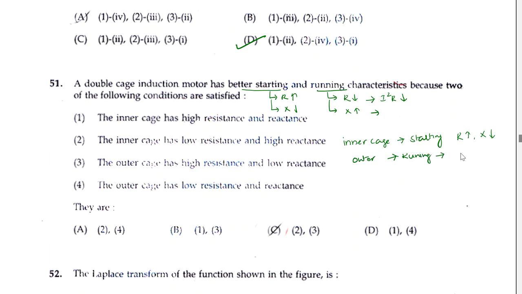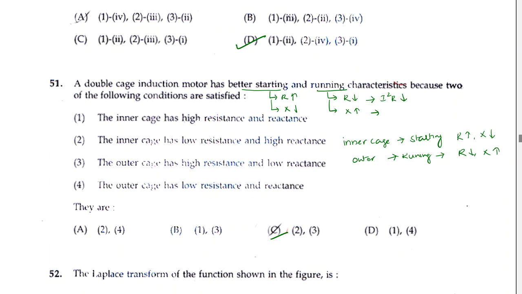As a running condition, resistance should be less and reactance should be more. So which option is going to match the answer here? As you can see, C will be the right answer. What is option 2? The inner cage should have low resistance.